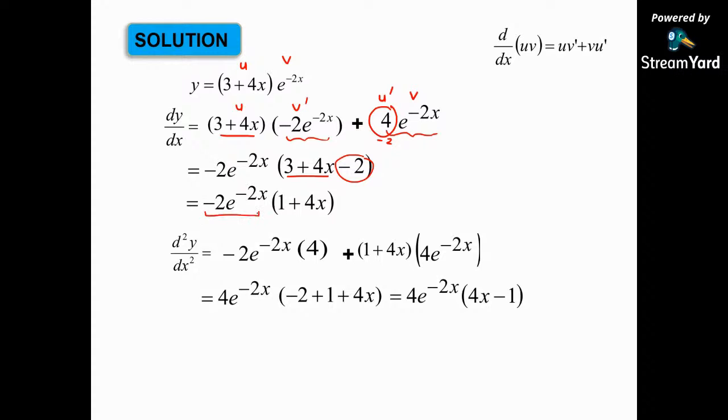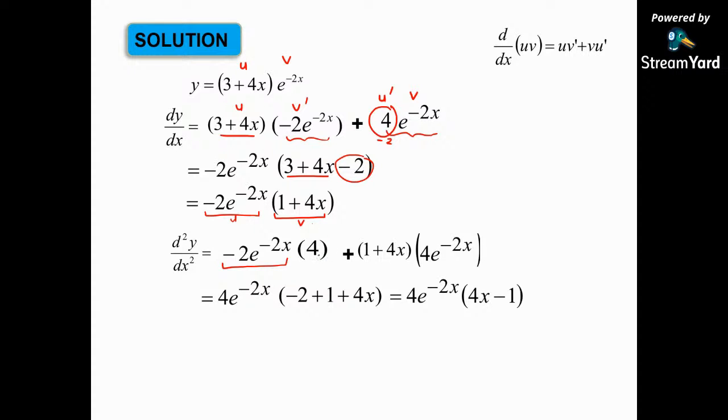And then again, you do have something with multiplication. So in order to differentiate them again, you need to use another product rule. So one of them will become the u, another one will become the v. And then again, we're going to use the formula uv prime plus vu prime. Okay, so this is our u, negative 2e to the power of negative 2x.